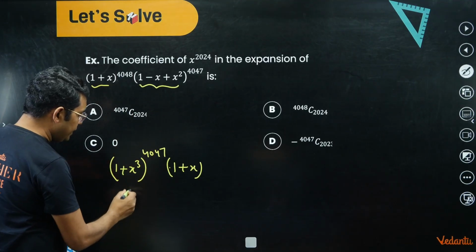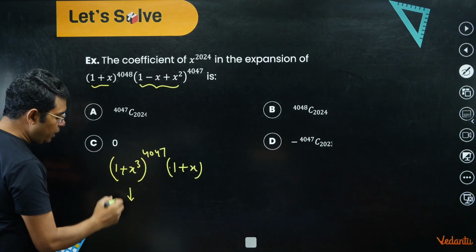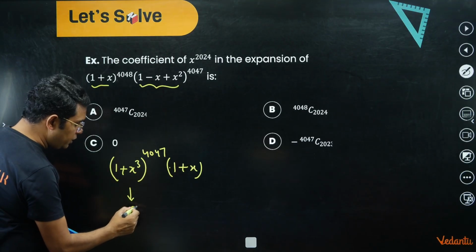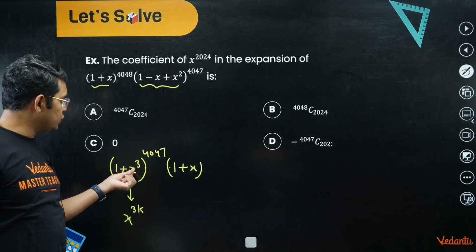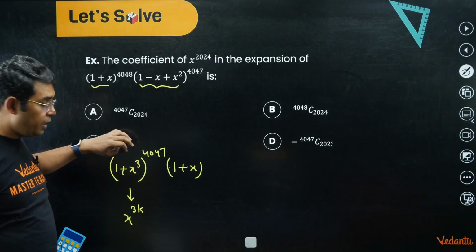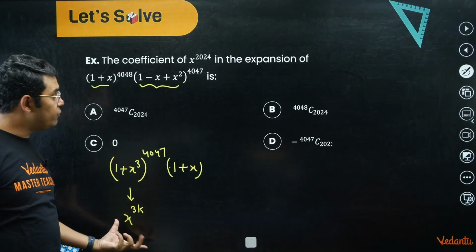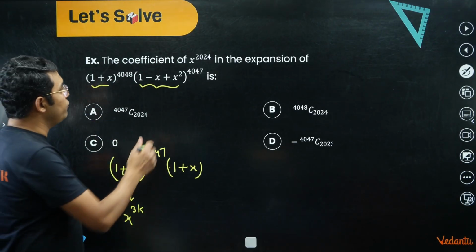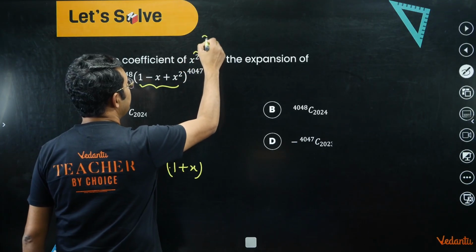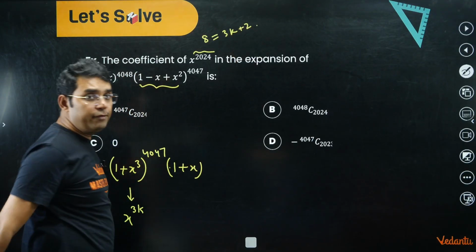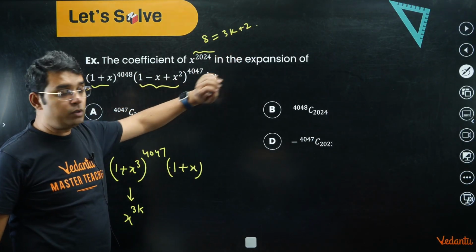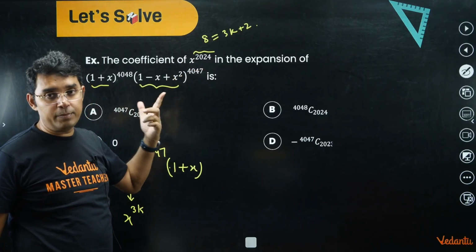Now dear students, in this all the terms would be of x raised to the power 3k form. That means power will be in the multiple of 3 because x cube is already there. So whatever power you raise to this x cube will give you 3k form. Now 2024, if you take the sum of the digits, it is I think 8, which is actually 3k plus 2. And you know the property, if sum of digits is 3k plus 2, then this number will also be 3k plus 2.